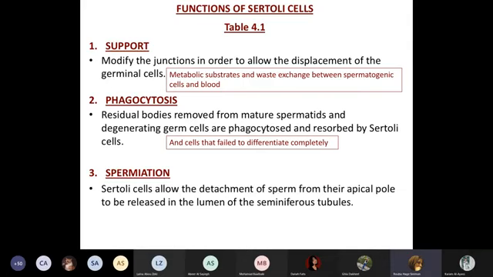Okay. So I was saying that we talked also about the tight junctions that exist between the Sertoli cells, as well as the junctions, the desmosome and the gap junctions that exist between Sertoli cells themselves and Sertoli and germ cells.